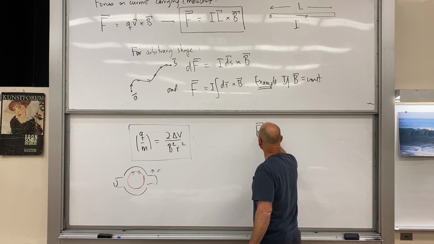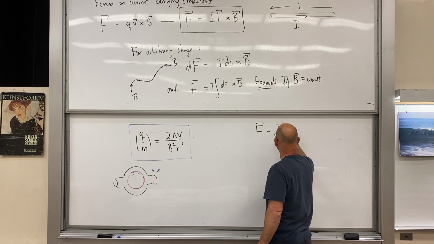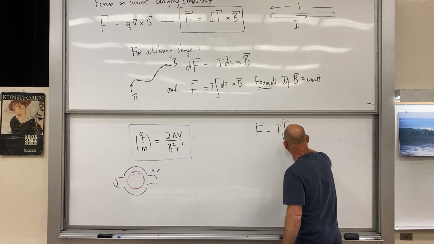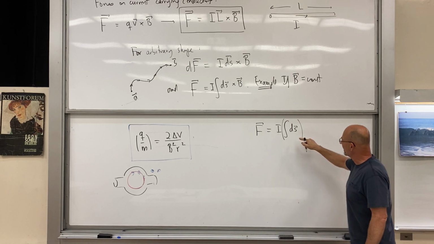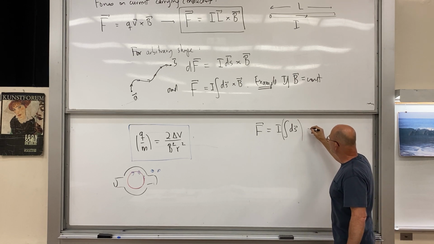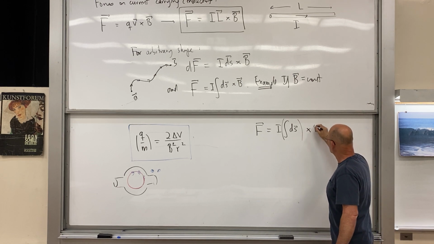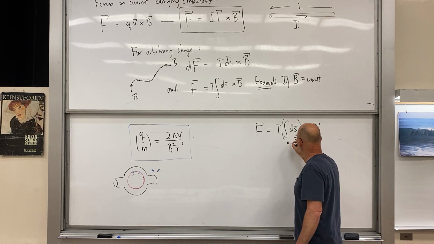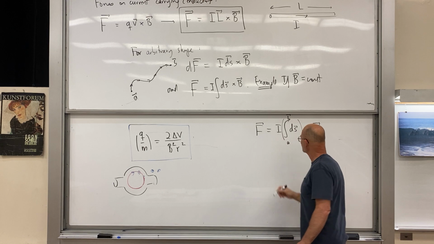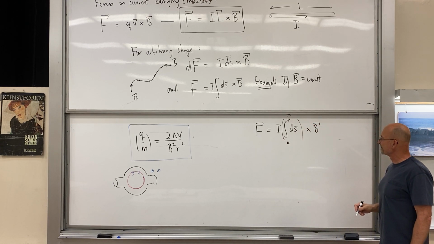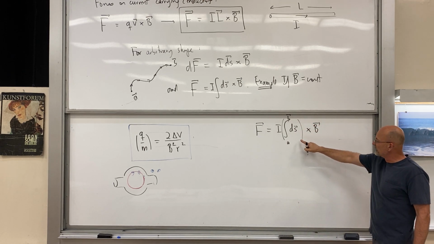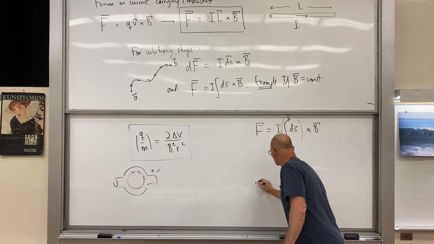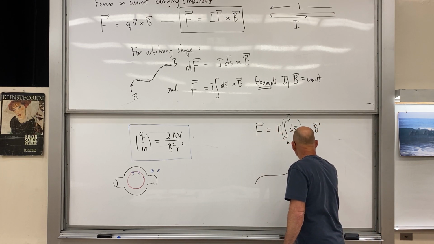It's still a vector, but what we can do is say we've got I integral ds, and we can do the integration and cross the result of that with that B field, from A to B. But the result, and let's use that picture over here again, this is interesting.